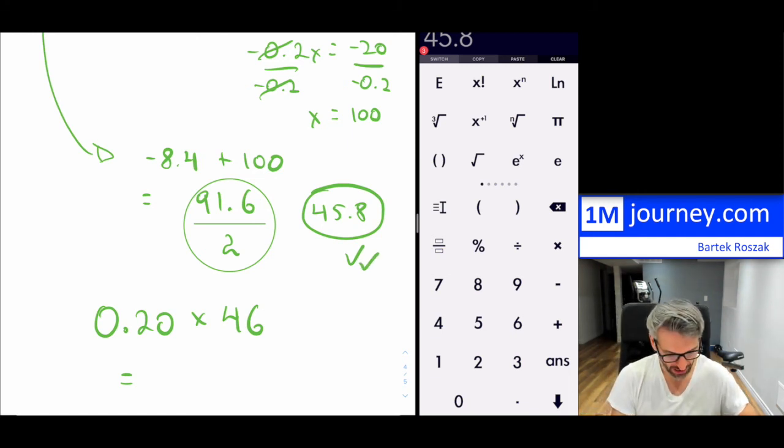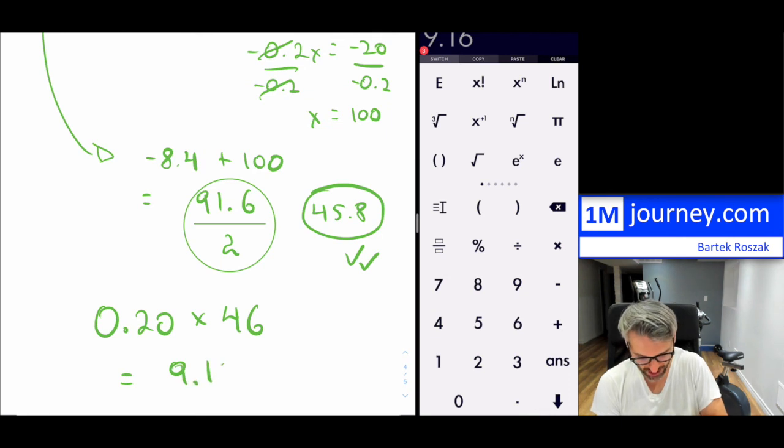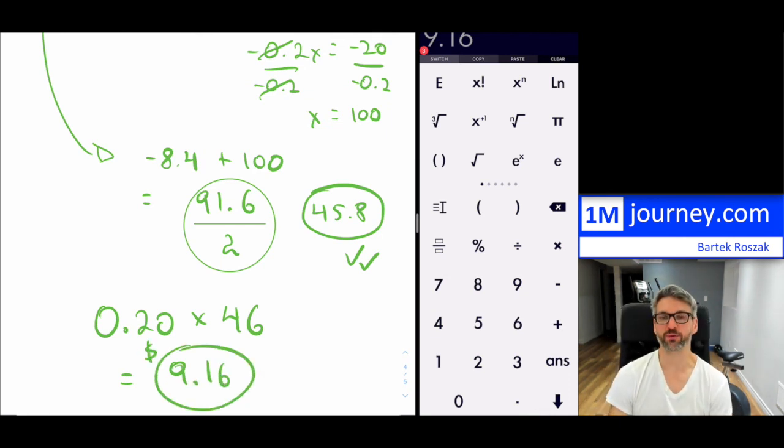So if I multiply my answer by 0.2, this is approximately this much. That's how much of a discount I would have to give. And at that point, the price would have been $10.84 for the books.